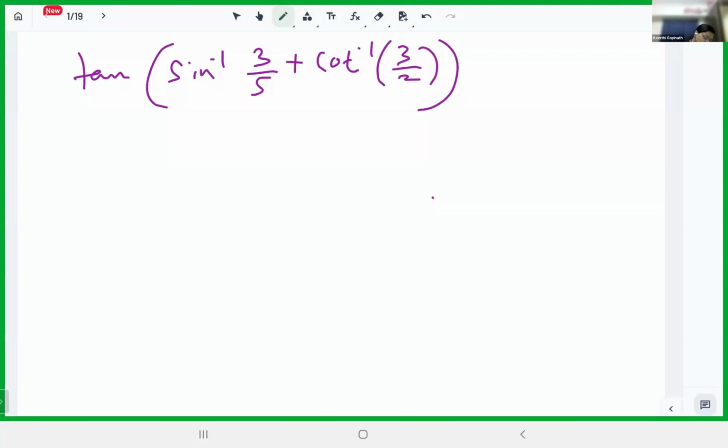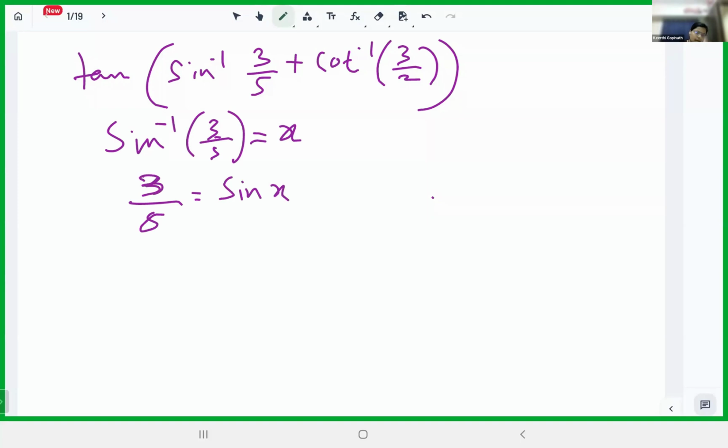For that, I am going to let sine inverse of 3 by 5 be x. So we can write 3 by 5 as sine x. Okay. From this, can you find out the value of cos x or tan x?